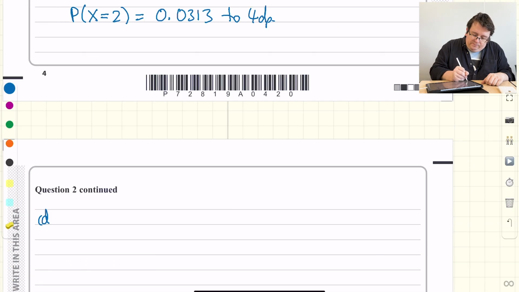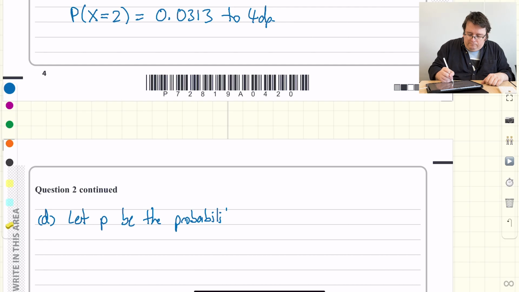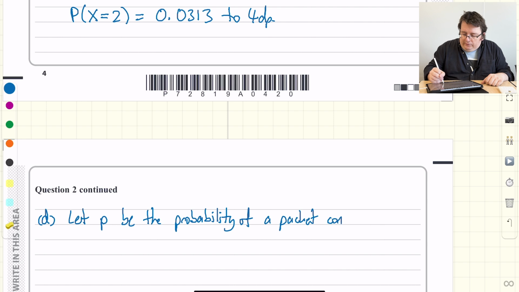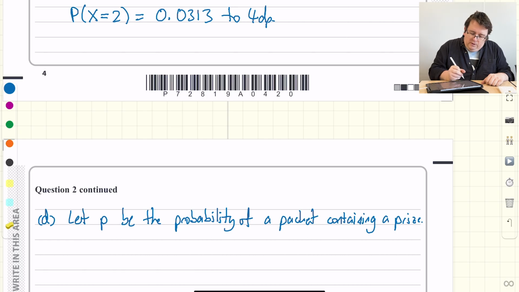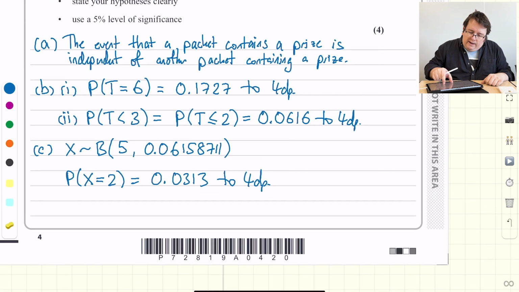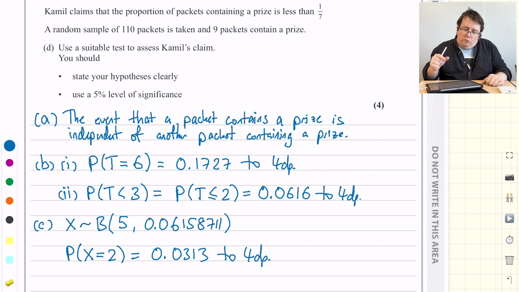So part D. Let's start off with let P be the probability of a packet containing a prize. Okay, so we're looking at a probability of 1/7 here.